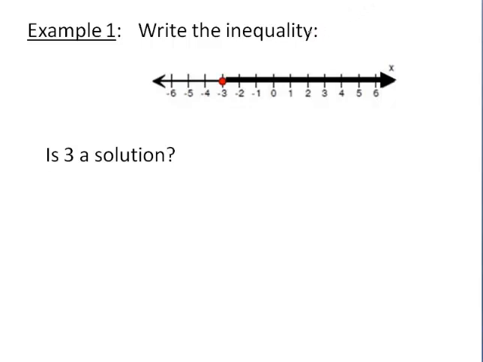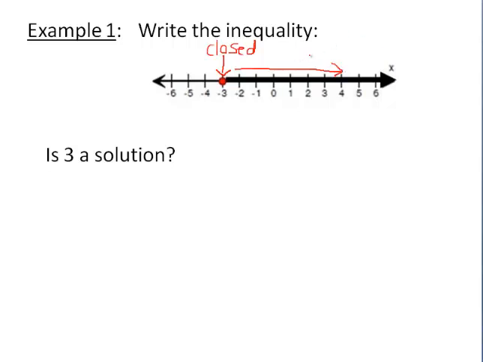Okay, so let's look at some examples. In this first example, we are going to write the inequality. What I want you to notice is, first of all, you're going to look at the point. The point in this particular example is closed. It is filled in. And then everything that is to the right of it is shaded.